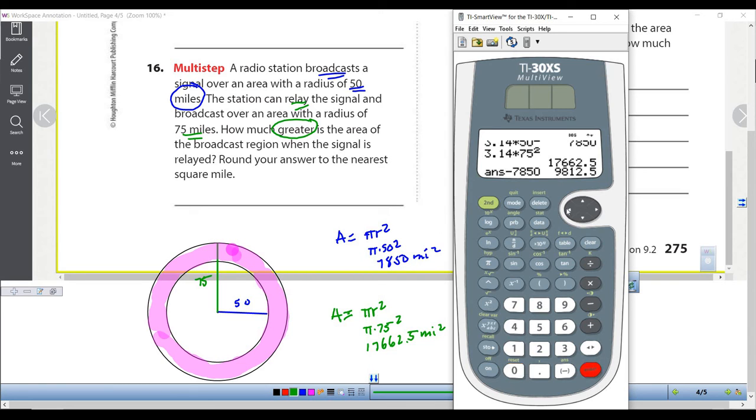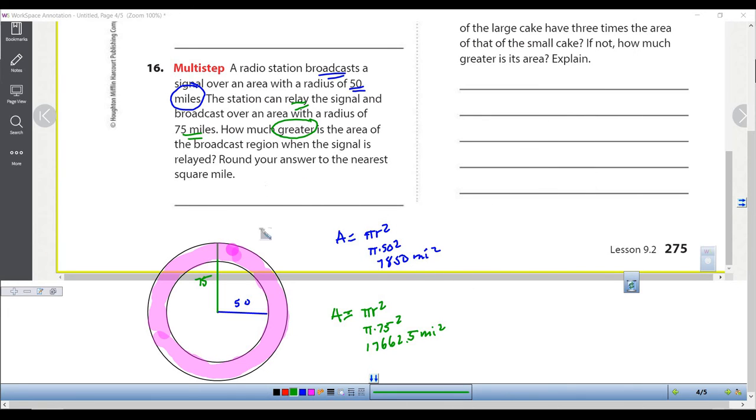And when I do that, I get 9812.5 miles squared.